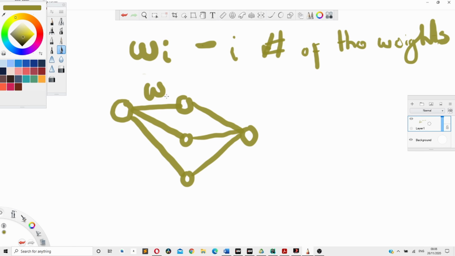This is going to represent W1, W2, and then W3, right? And this is going to represent X1, which is our input feature, and then this is going to be our output.